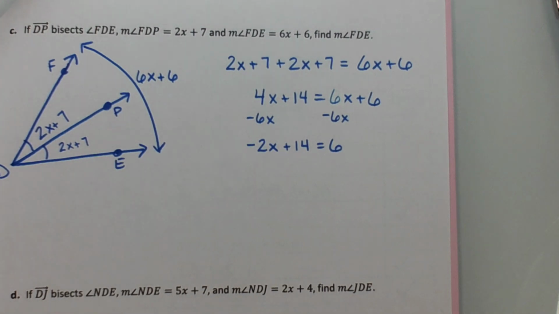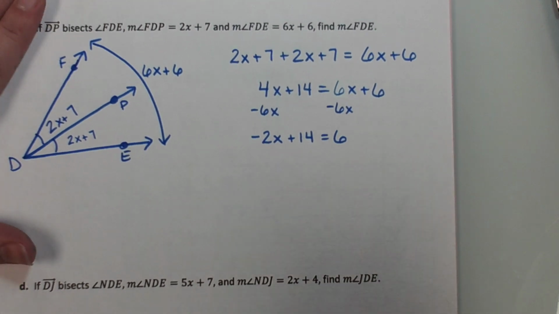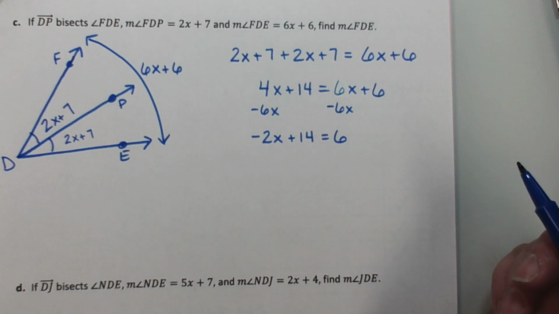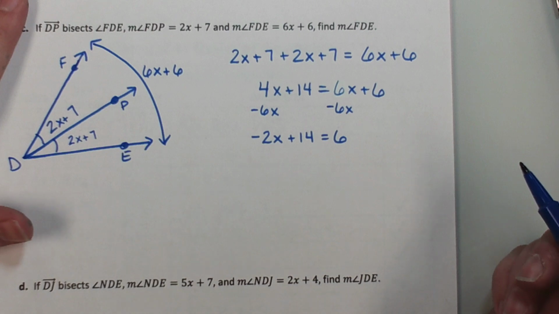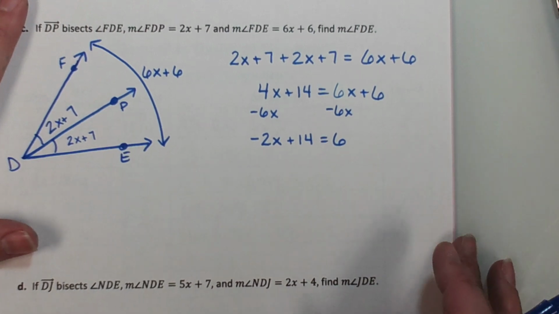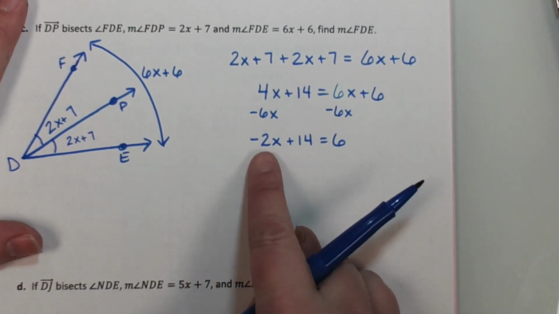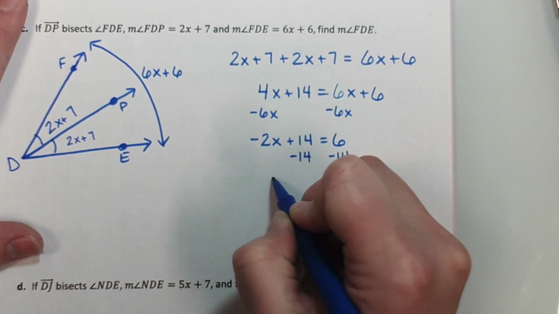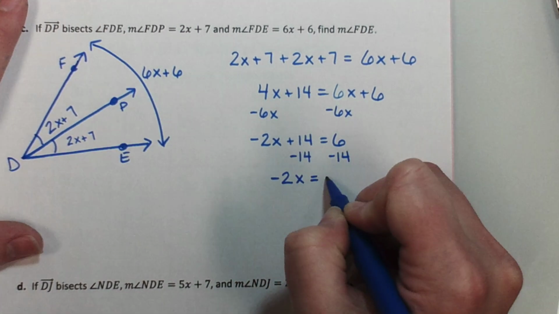Max, what would I do now? Sorry, you didn't go the way I wrote it. I did it differently than what you were doing. Yeah, it happens. But if we're trying to get x alone, minus 14. Exactly, you know how to do it. I just tripped you up because I did it a different way.